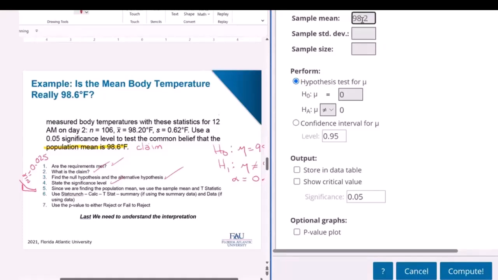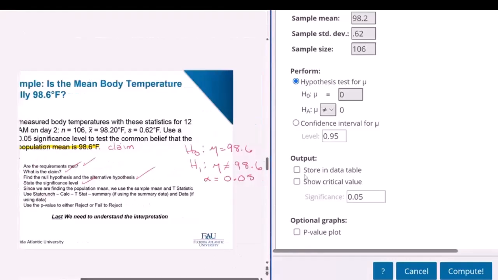Our sample standard deviation is 0.62. Our sample size is 106. We are going to use a hypothesis test where mu is equal to 98.6 or not equal to 98.6.